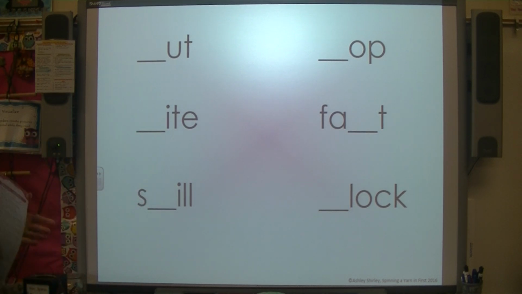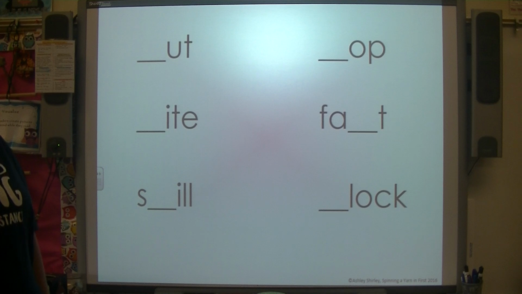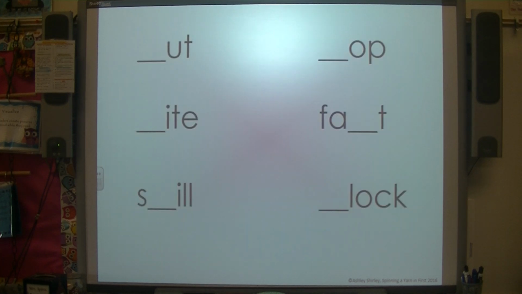How would we spell cut? With a C or a K? We would spell with a C. Remember, you use K after E, I, or Y. So we would put a C there.